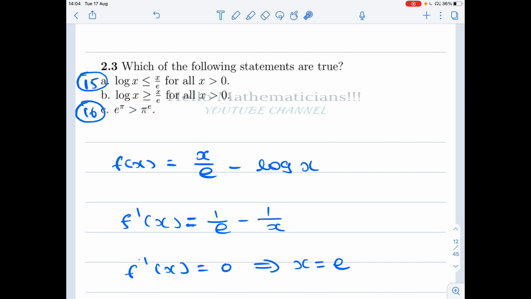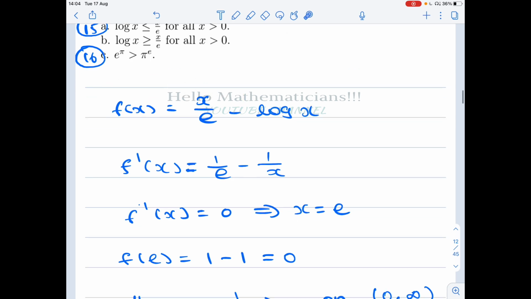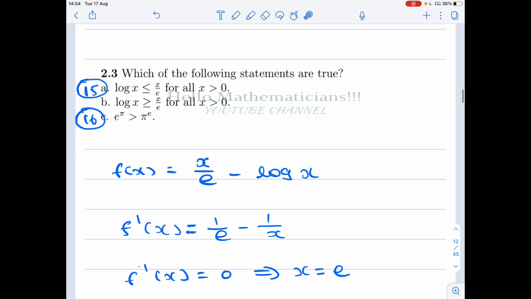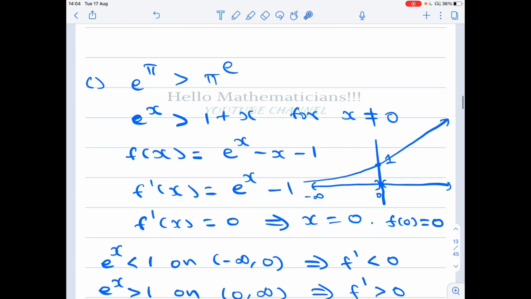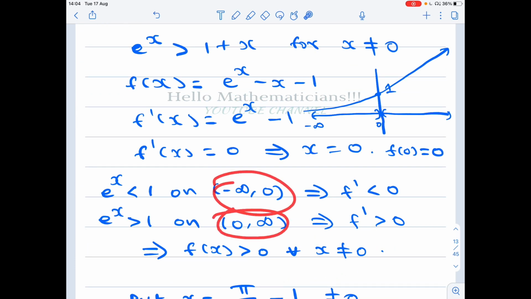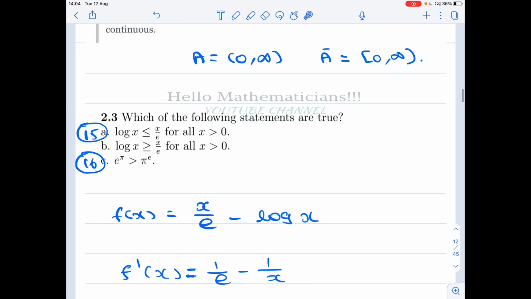Consider the difference of these two functions, f of x equal to x by e minus log x. Then you can see that the derivative vanishes at x equal to e. Again, by splitting the intervals like this, you can conclude that option 1 is true, the second is false, and we proved that C is true.